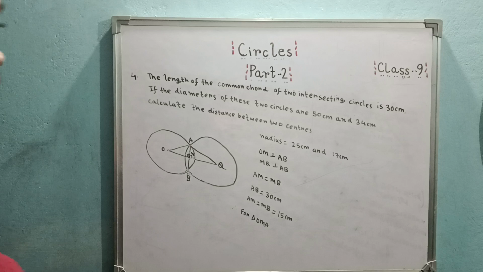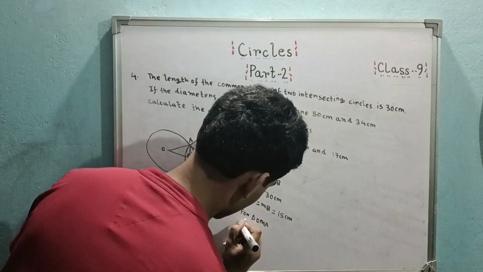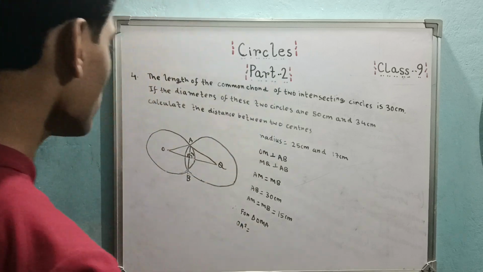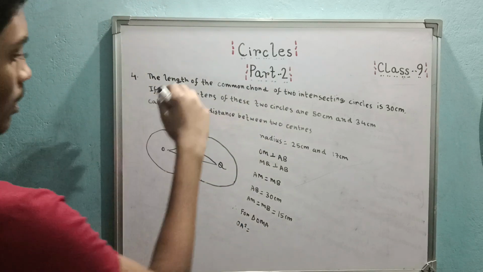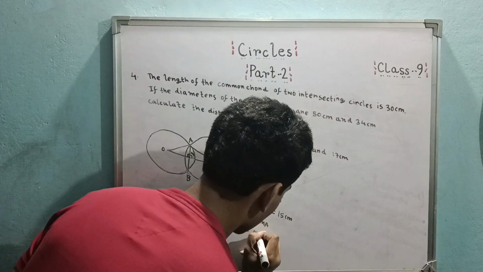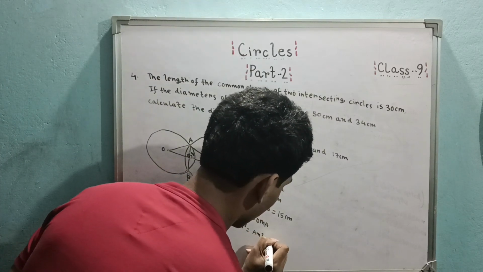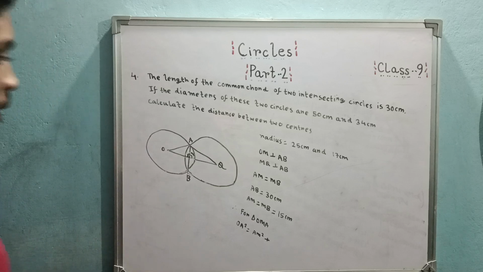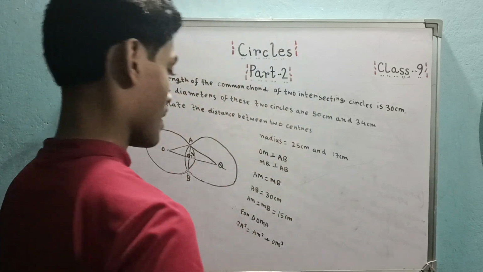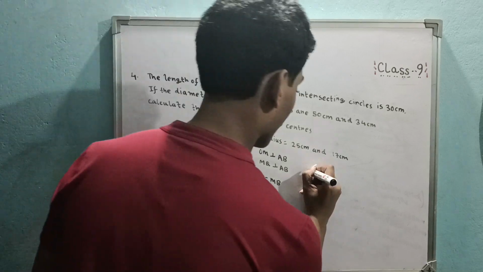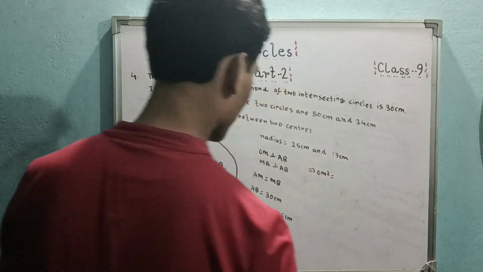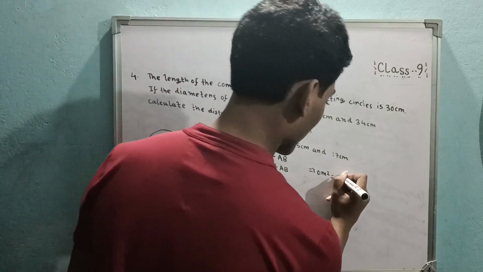Therefore, for triangle OMA, for hypotenuse squared, OA square equal to AM square, height square, plus base OM square. Now OM square will be OA square minus AM square.